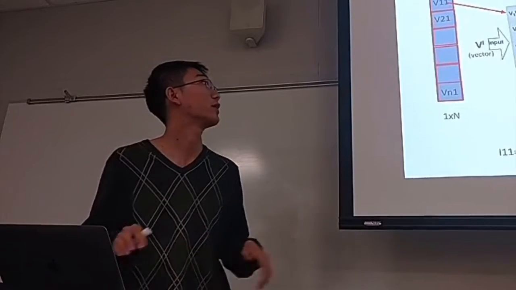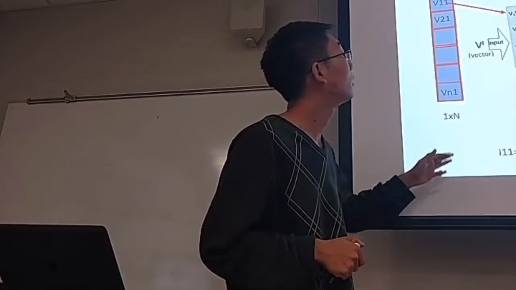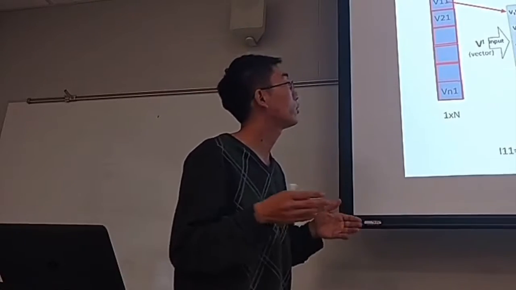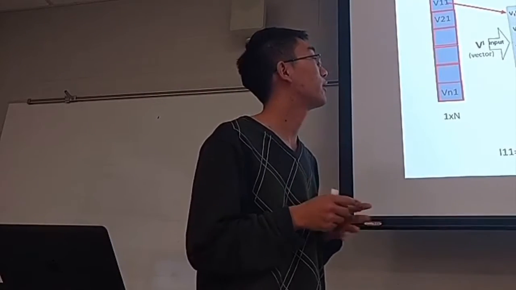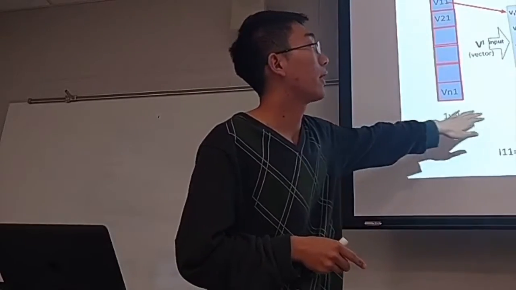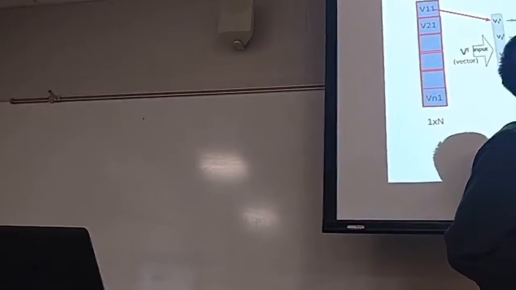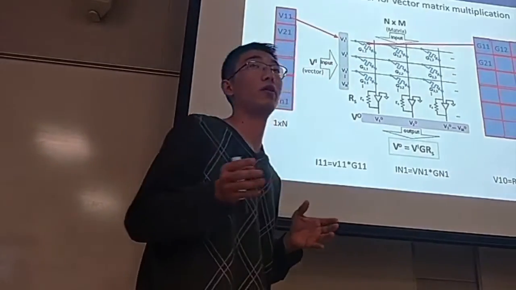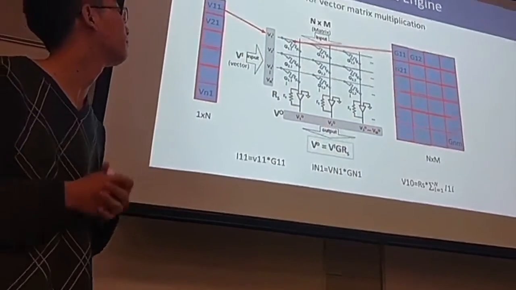I showed this graph in the last presentation. This is a vector, and this is your matrix, your kernel, in every layer of the CNN.